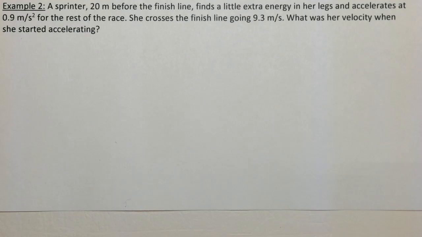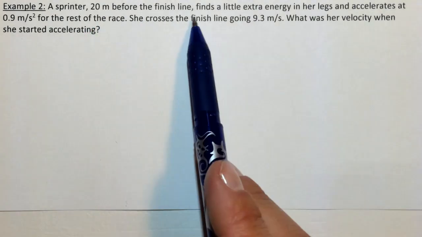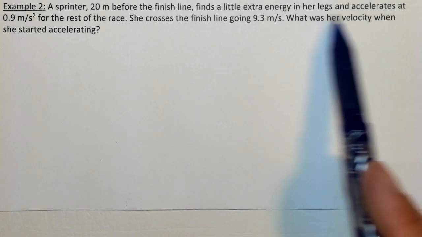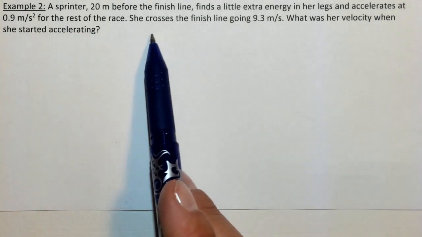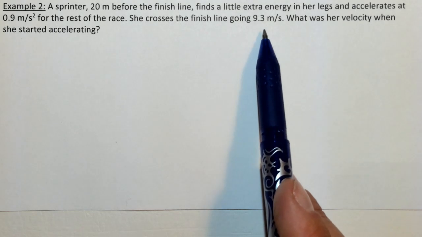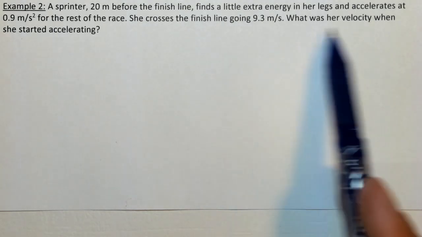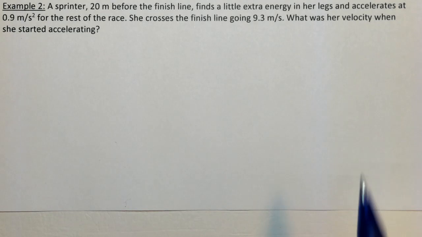Probably could have done that in the last one, actually. It's certainly good practice. Here in particular, I think it'll help a bit. So a sprinter, 20 meters before the finish line, finds a little extra energy in her legs and accelerates at 0.9 meters per second squared for the rest of the race. She crosses the finish line going 9.3 meters per second. What was her velocity when she started accelerating?